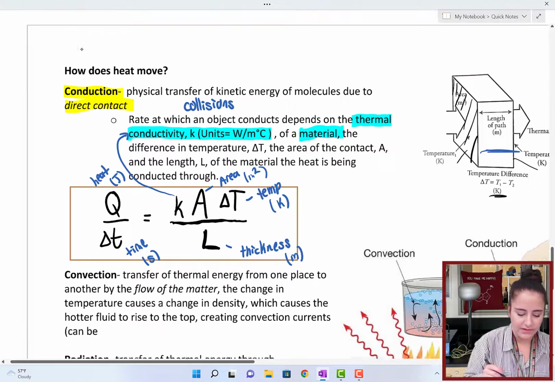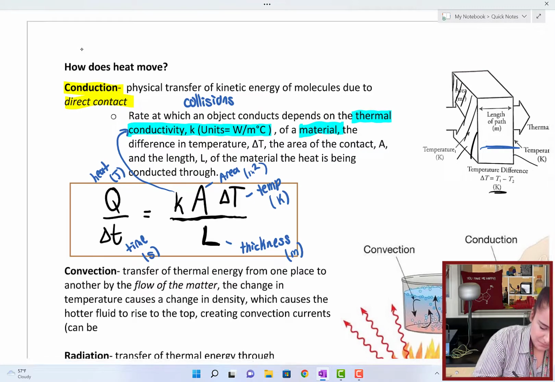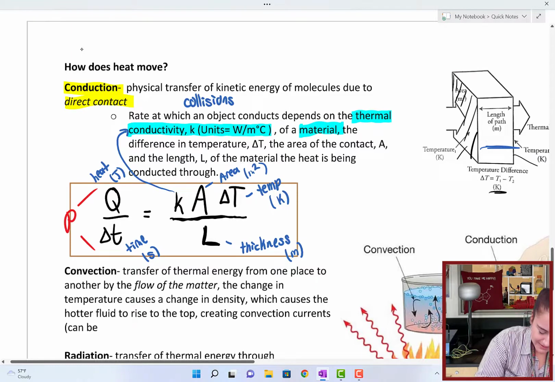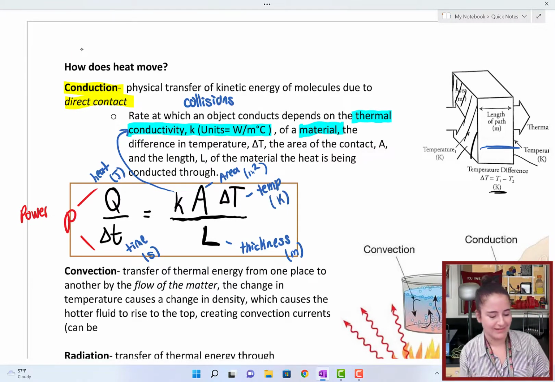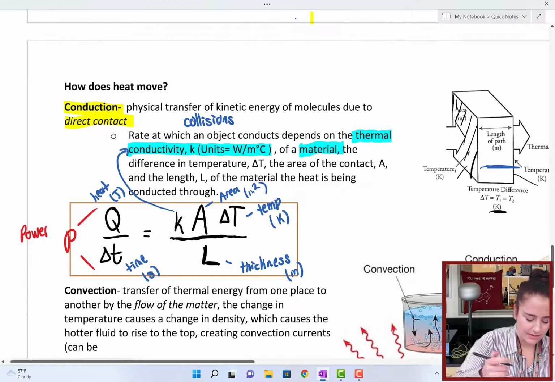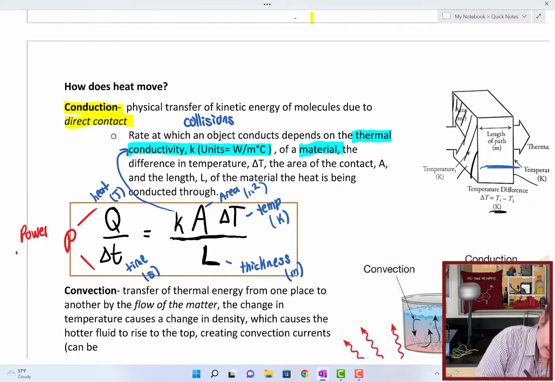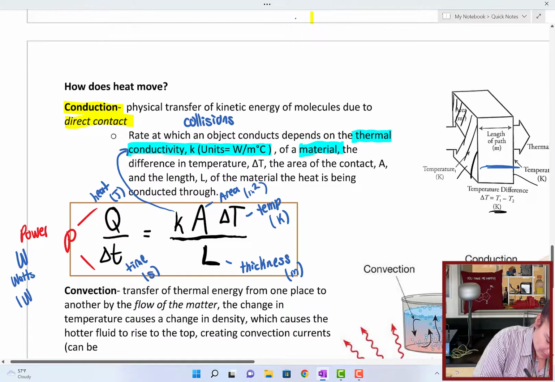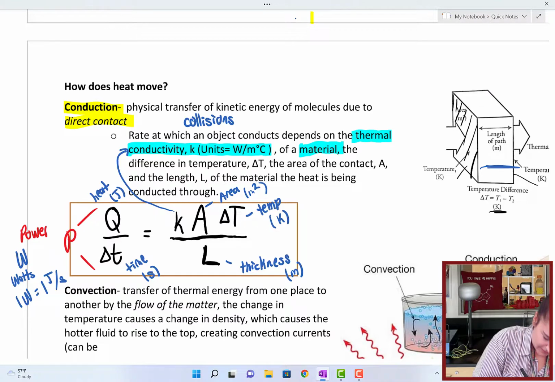One way you can think of this equation, this heat over time, is that it is P, the power of that conduction. Now, power, remember, is in units of what? It's the watt. Power is in units of watts, where we remember that 1 watt is 1 joule per second.